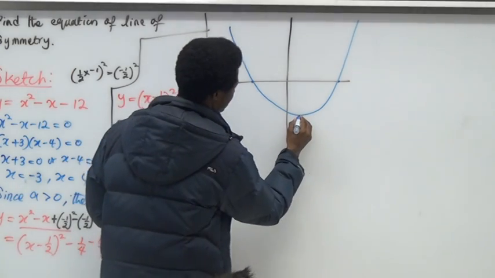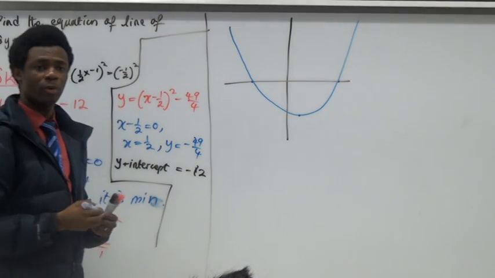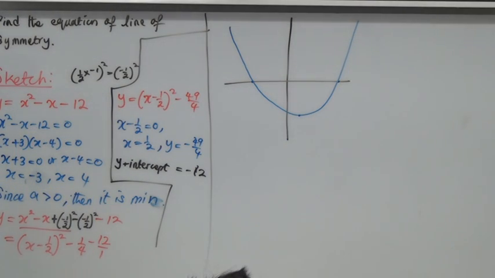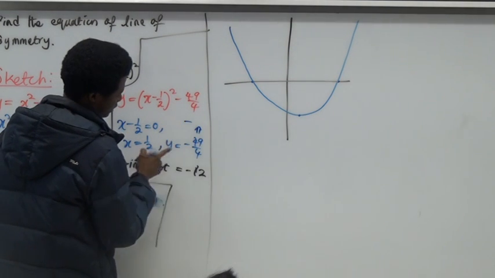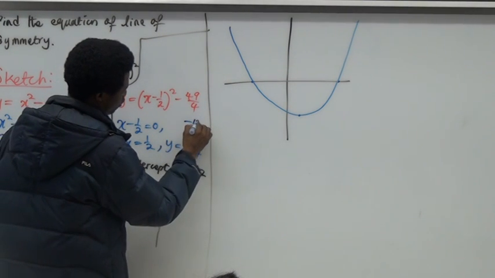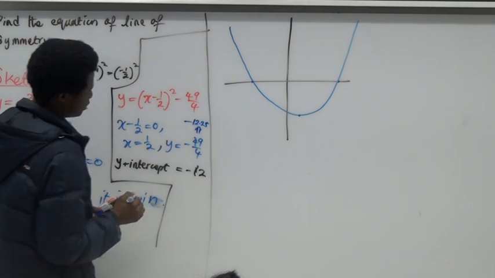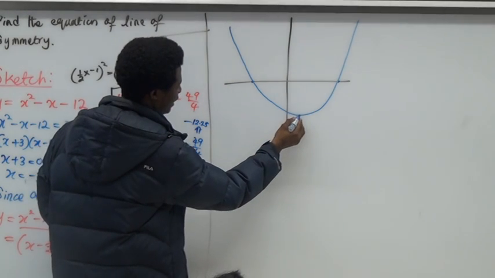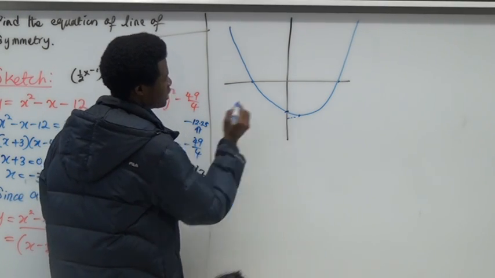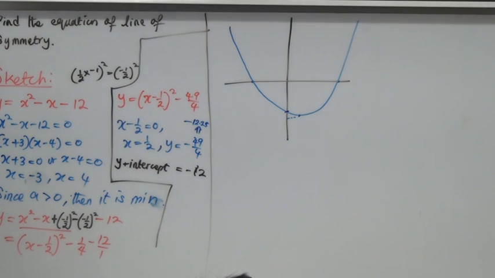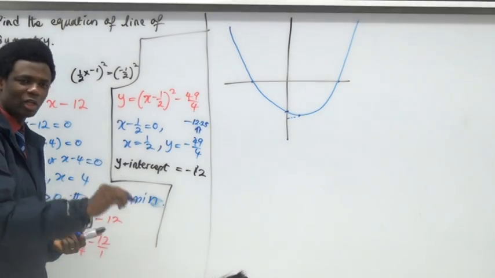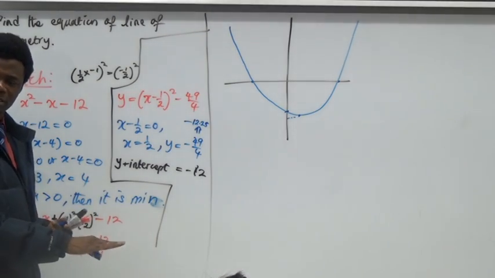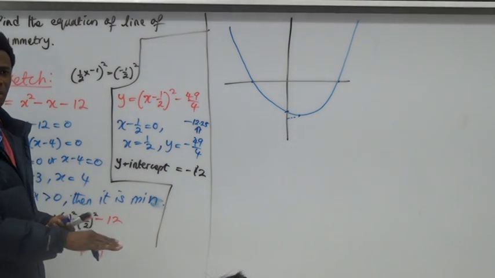So I will pretend this is my turning point. If you look, this is actually minus 12.25, right? So my turning point, expectedly, is below the intercept. Can you see that now? Otherwise, it doesn't make sense, because your turning point is the minimum point. Your intercept could be above it, right?